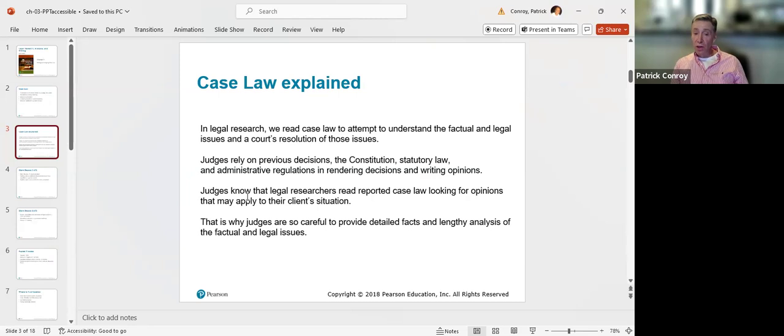Judges know that legal researchers read reported case law looking for opinions that may apply to their client's situation. So when they write, they're very careful, knowing that what they say will be used by legal researchers and applied as precedent in future cases. That's why they have detailed facts and lengthy analysis of the factual and legal issues.